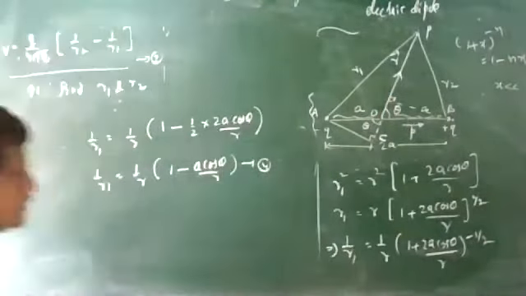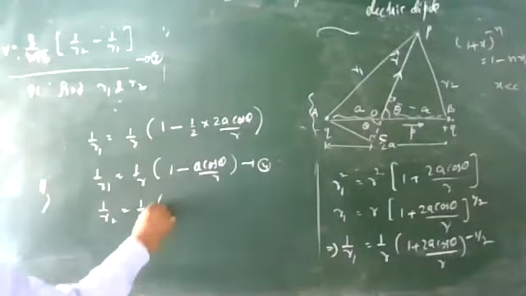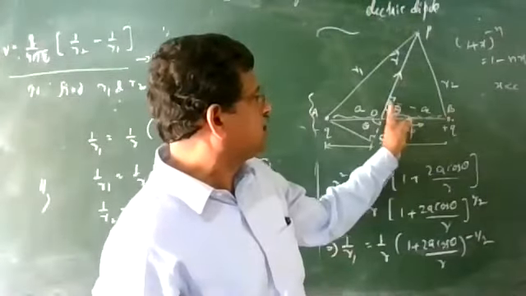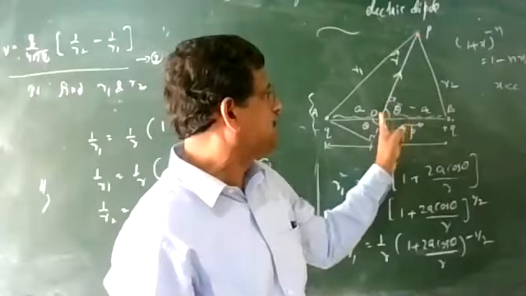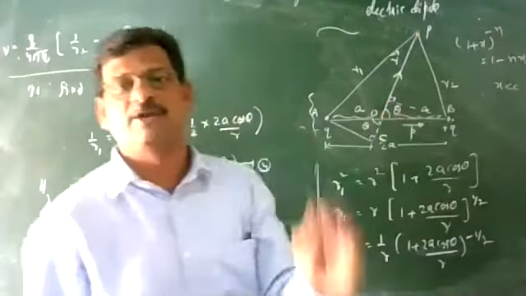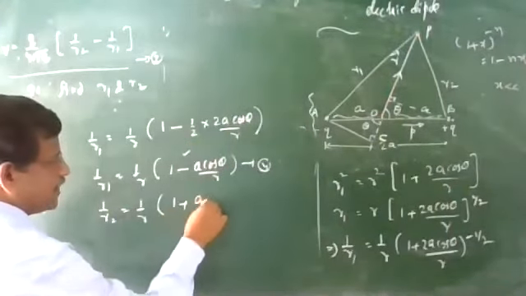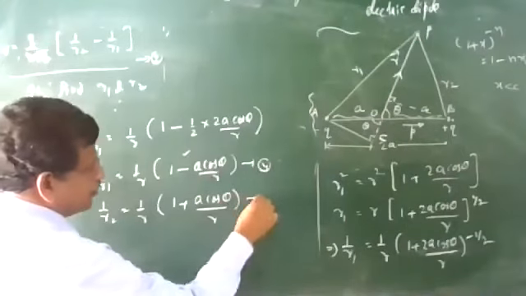Similarly, we write 1 by r2, but there will be a difference here. R2 will be equal to this distance square plus this distance square, with r plus a cos theta. So there will be a difference of minus sign. Instead of this minus sign, here we write plus a cos theta divided by r. Equation number 5.